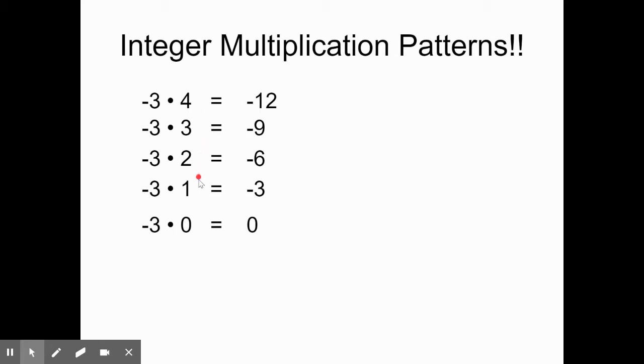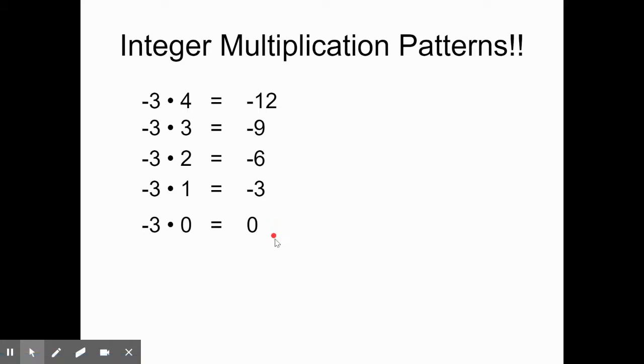As one of my factors decreases, the resulting product is actually increasing by 3. So -12 plus 3 would be -9, -9 plus 3 would be -6, -6 plus 3 would be -3, and -3 plus 3 would be 0.